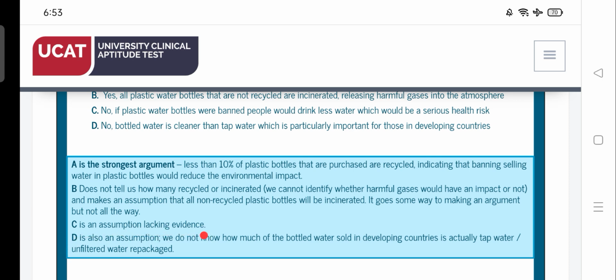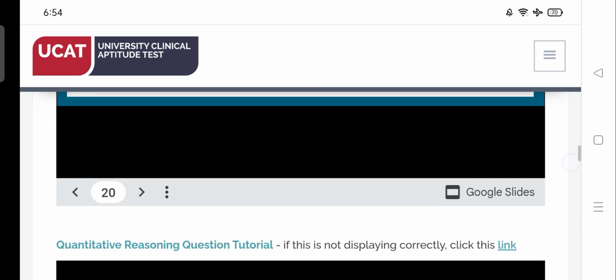Option C is an assumption lacking evidence. Option D is also an assumption. We do not know how much of the water sold in developing countries is actually tap water or unfiltered water repackaged.